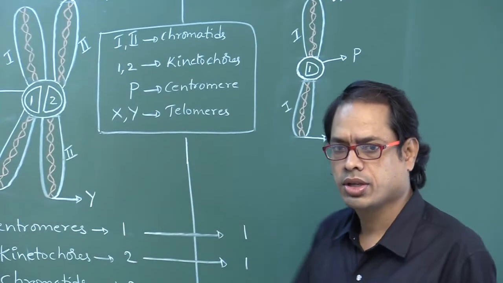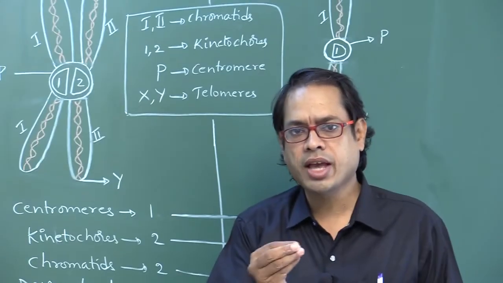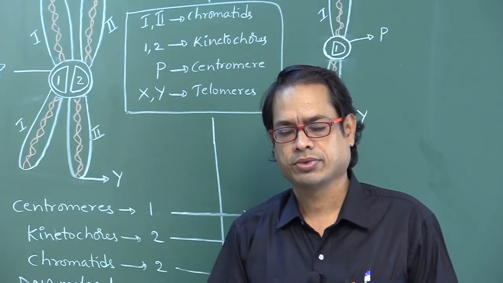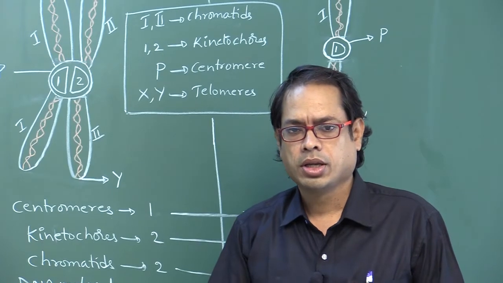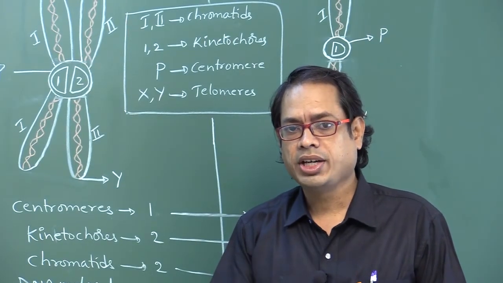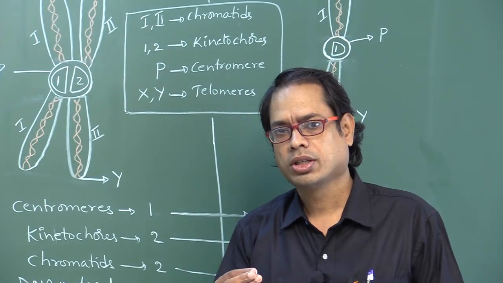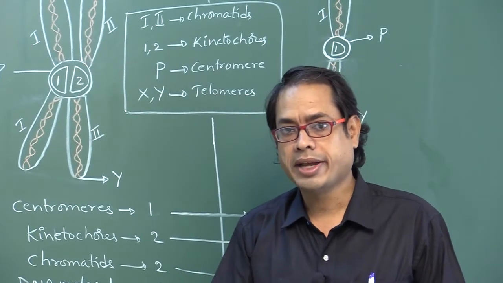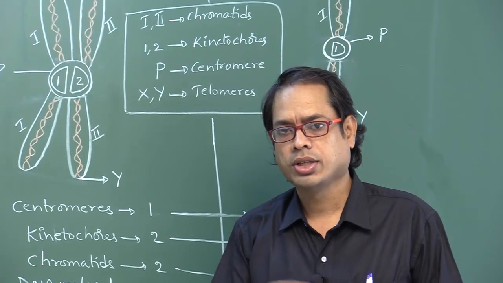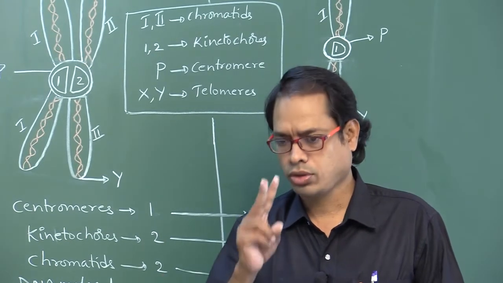Now 2 questions. Metaphase chromosome is having number of chromatids 2. Number of DNA molecules in metaphase chromosome: 2.